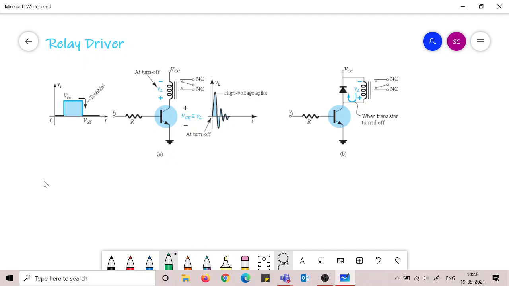And in some time this spike gets reduced, and there is also the internal resistance of the diode. So all this coming together makes the current go down to 0 in some time. So in this way the relay driver is operated. The important thing is to put the diode in this network, so as to save the transistor.